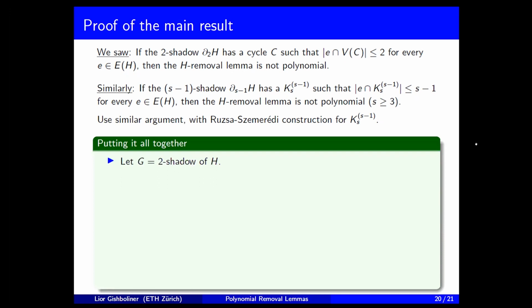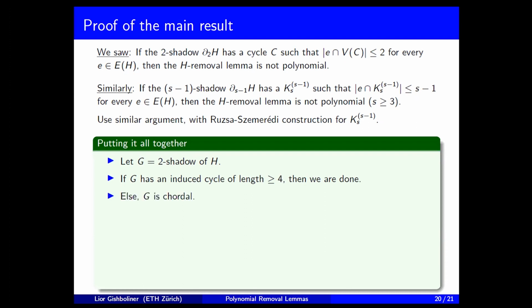So let's take the 2-shadow of H. This is a graph. Now, if this graph has an induced cycle of length at least 4, then because the cycle is induced, every other edge intersects the cycle in at most 2 vertices, because otherwise there would be a triangle in the cycle. So in this case, we are done by the first case.